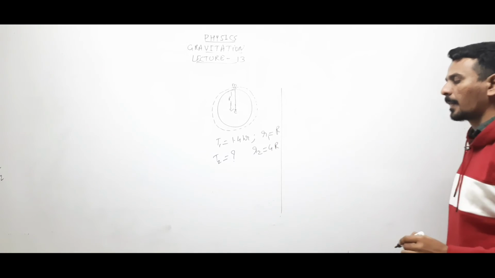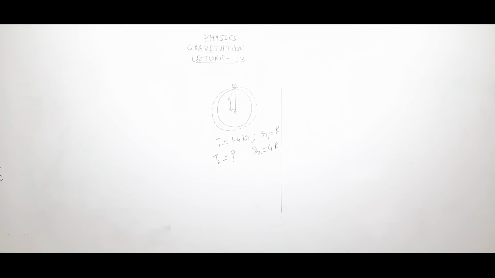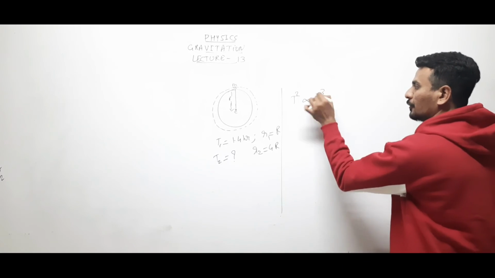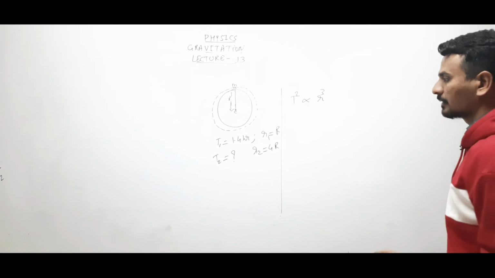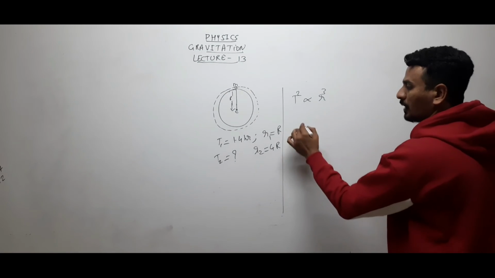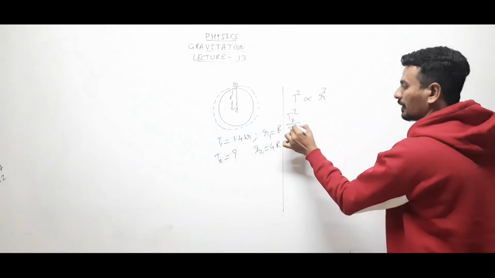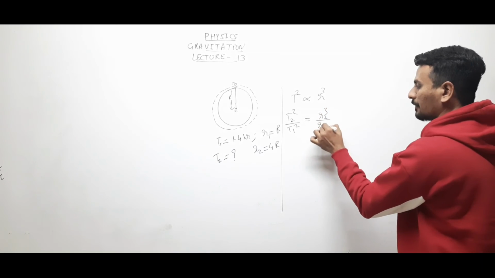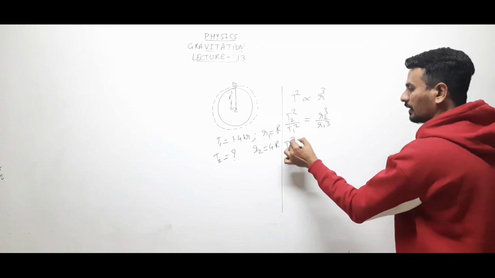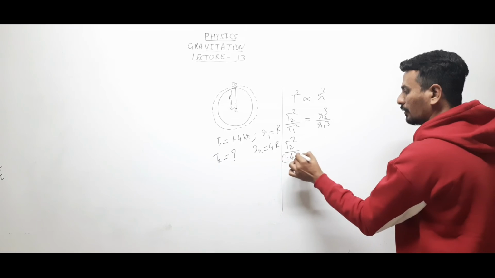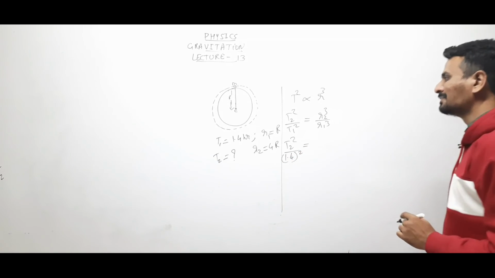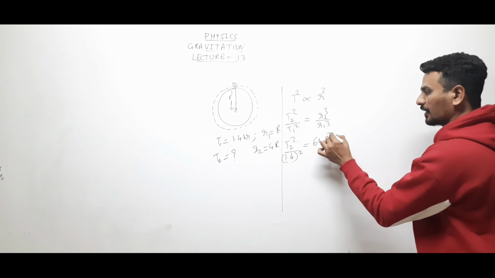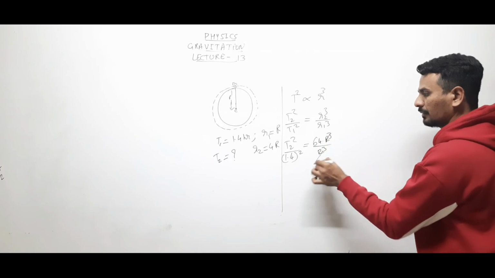We know that the square of the time period is proportional to the cube of the distance. So T2 square upon T1 square equals R2 cube upon R1 cube. T2 square upon 1.4 the whole square equals 64 R cube upon R cube.